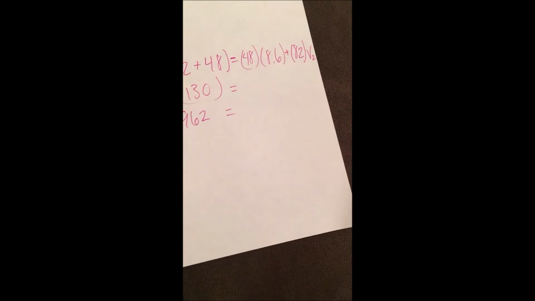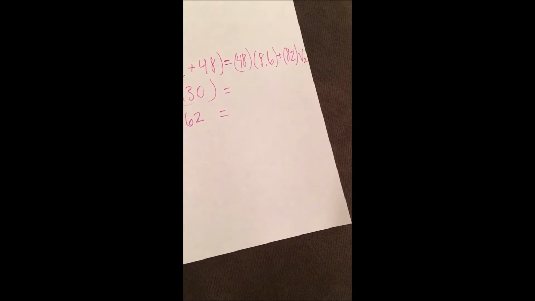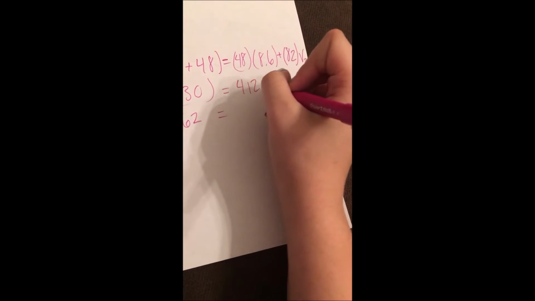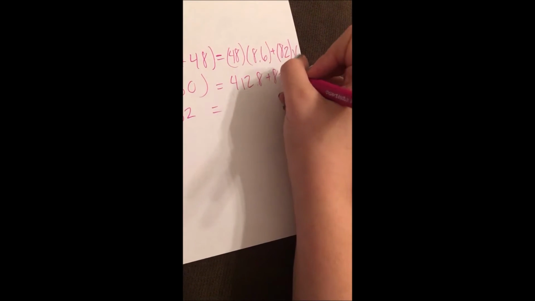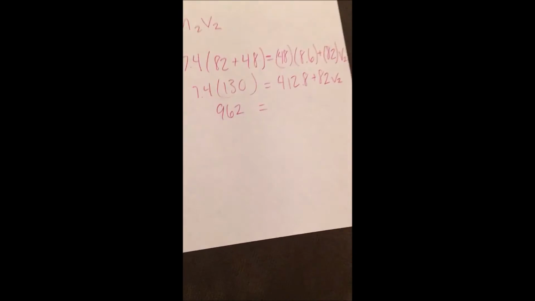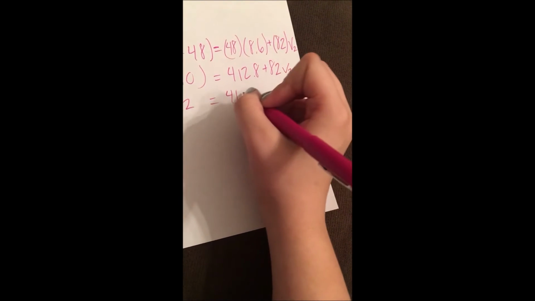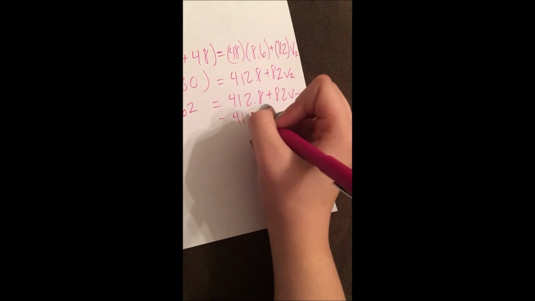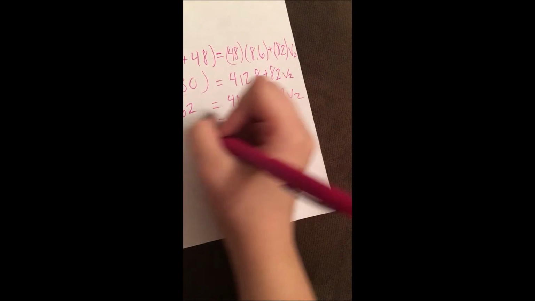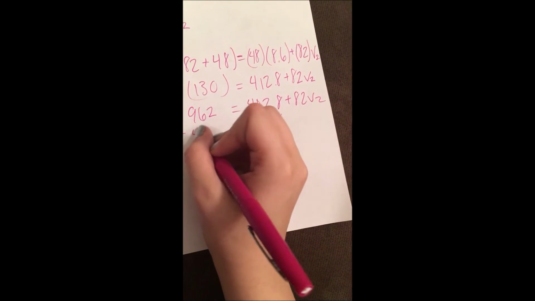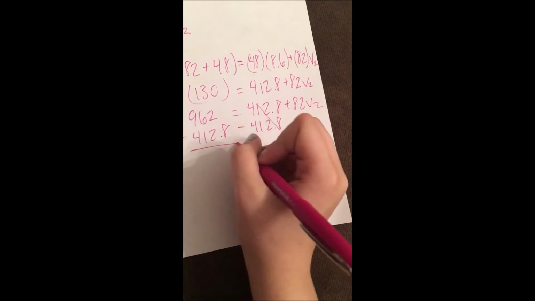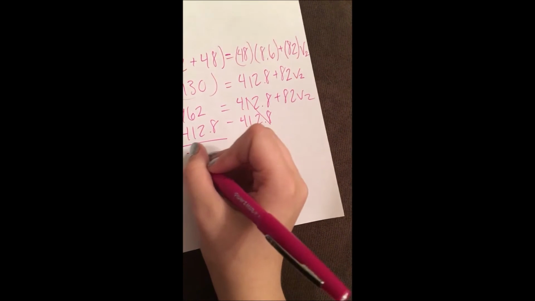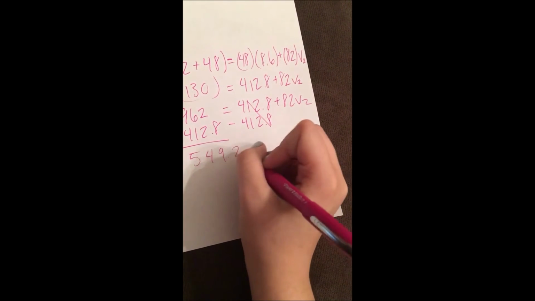Now we have 48 times her final speed, which is 8.6, is this. So, to solve, we first subtract the 412.8 from the 962 and get 549.2.